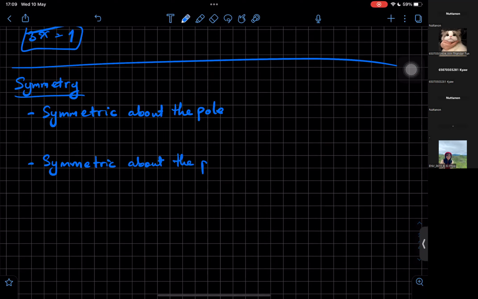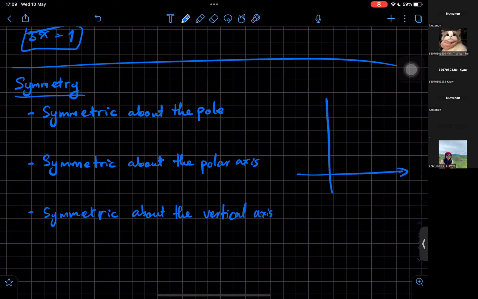The second is about the polar axis, and the last one is about the vertical axis.